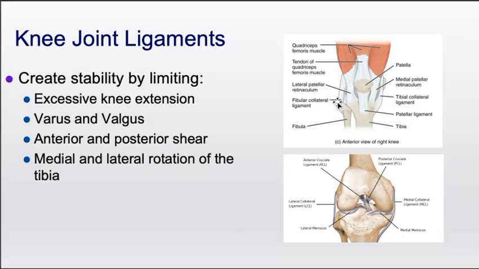If we boil it down to its fundamental task, ligaments are there to prevent excess movement in a direction that we don't want that joint to move in. So we're looking at limiting excess knee extension, valgus and varus with the collateral ligaments, anterior posterior shear with the cruciate ligaments, and medial lateral rotation also with the cruciate ligaments and those menisci.